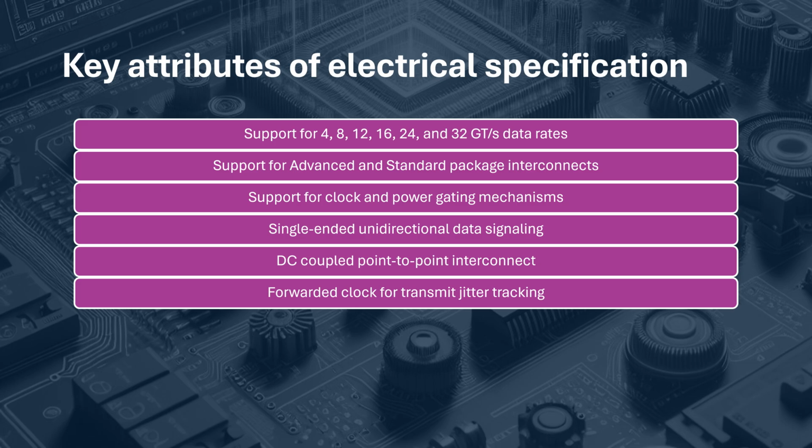In UCIe, the transmitter doesn't just send the data; it also sends a synchronized copy of its internal clock signal, called the forwarded clock, along with the data. For transmit jitter tracking, the receiver circuit in UCIe utilizes the forwarded clock to track timing variations like jitter introduced by the transmitter.